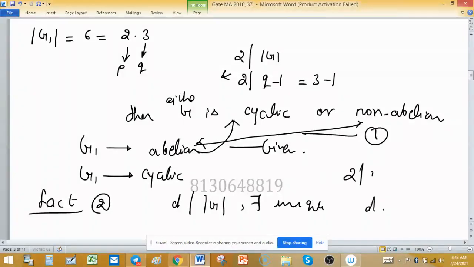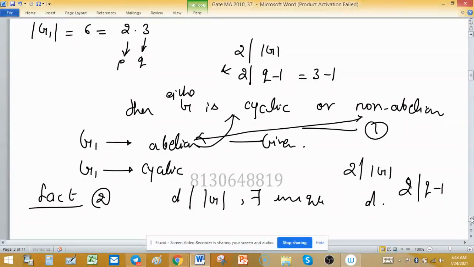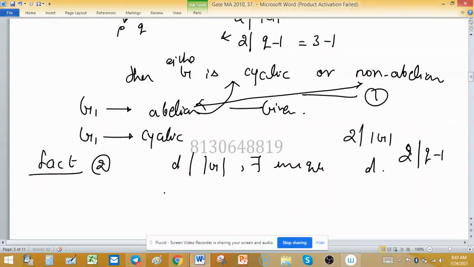Since 2 divides the order of G, G has a unique subgroup H of order 2.